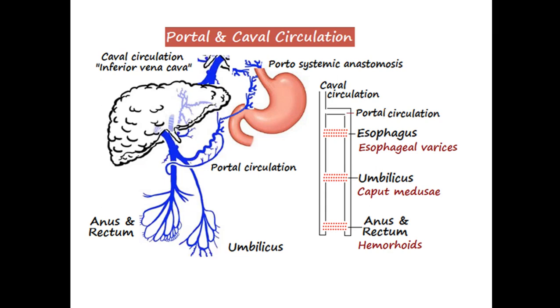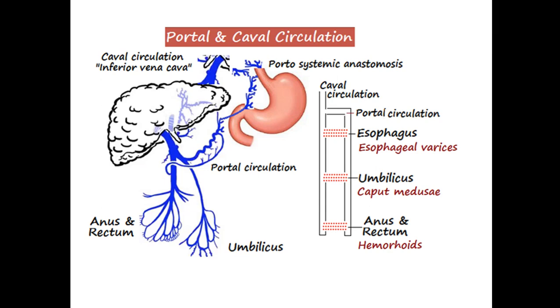The inferior vena cava returns the blood from the lower part of the body, while the superior vena cava drains the upper part of the body, and this venous blood goes into the right atrium, then into the right ventricle, and then into the lungs for oxygenation.